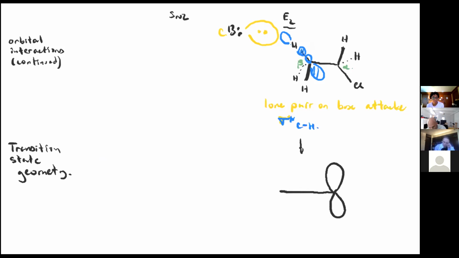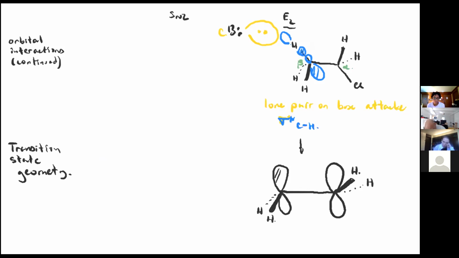So remember, this is going to become an alkene. So it's going to be somewhere between tetrahedral and planar, okay? And your orbitals on carbon are starting to look more like normal 2p orbitals that we see in a double bond.